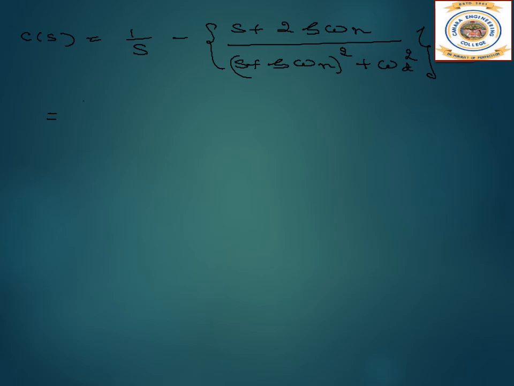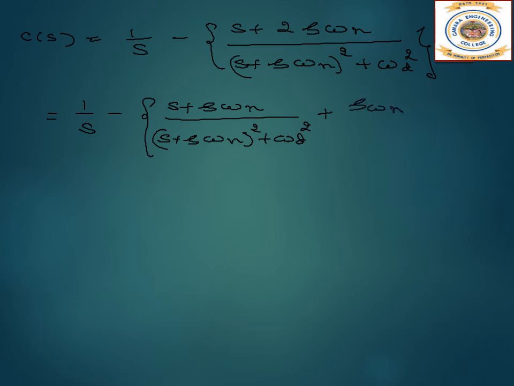I write this as 1 by s minus s plus zeta omega n whole divided by s plus zeta omega n the whole square plus omega d square plus, here I will write zeta omega n divided by s plus zeta omega n the whole square plus omega d square. This is what I get.